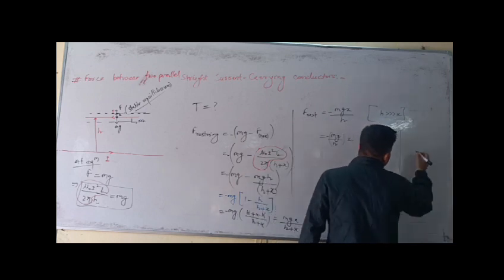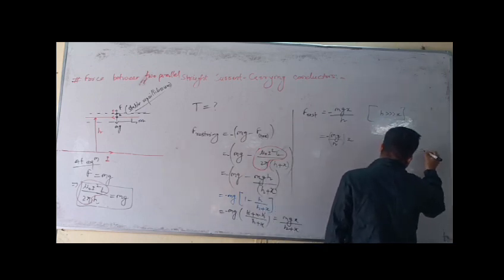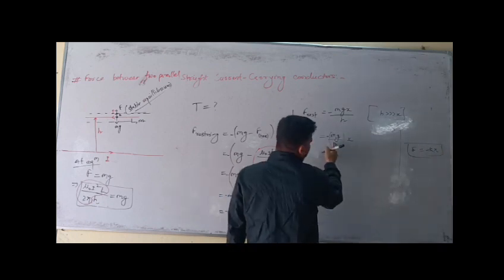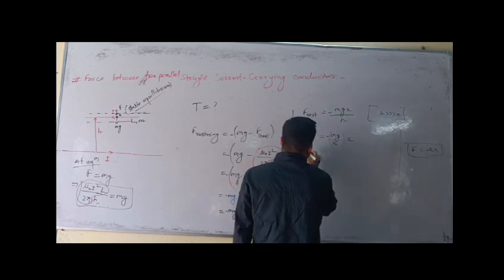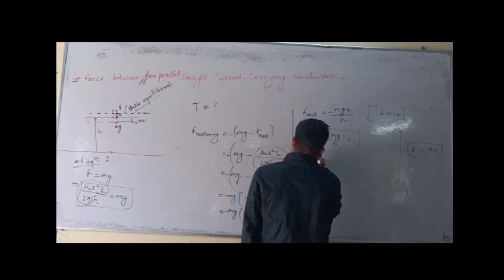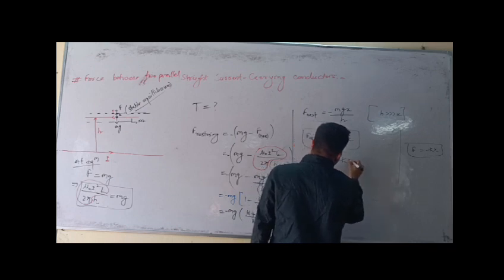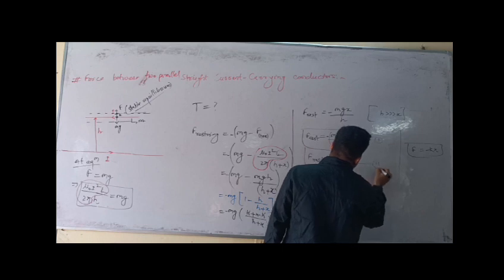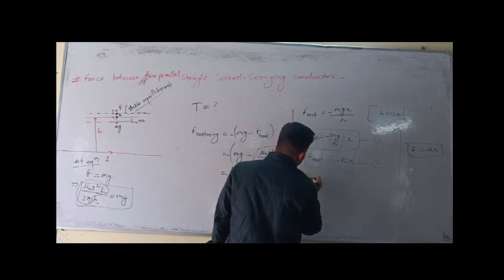Clear? Now, is it following the relation F equal to minus kx? This is k, this is minus, this is x. F restoring equal to minus kx. Yes or no? This is equation 1 and equation 2.